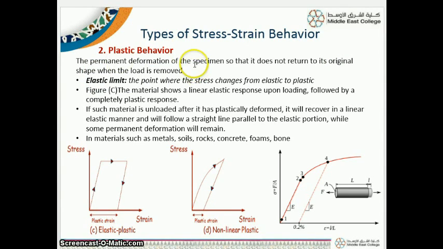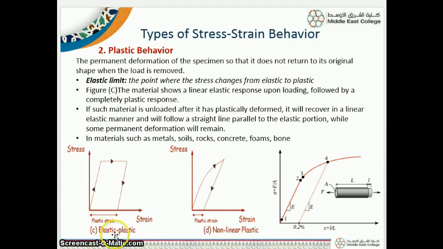If the material has that type of behavior, that is called plastic behavior. So what is elastic limit? The point where the stress changes from elastic to plastic. This is important.